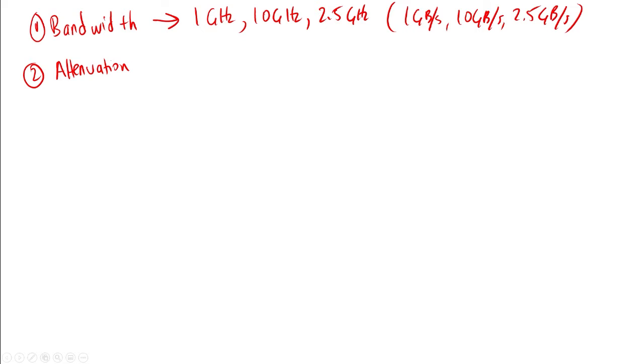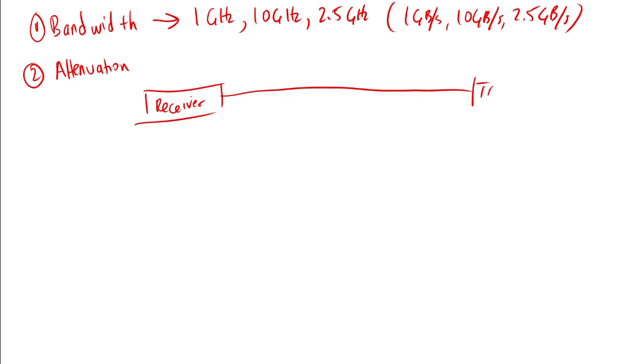And then attenuation. So remember, I have a receiver and I have a fiber link and I have a transmitter. And this distance could be 1 kilometer or 2 kilometers or 300 meters or whatever.